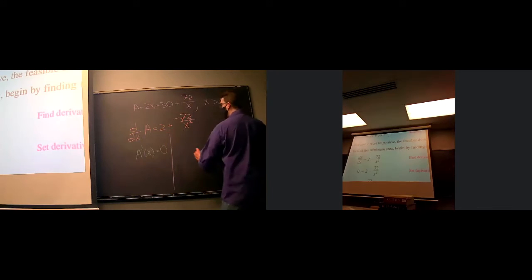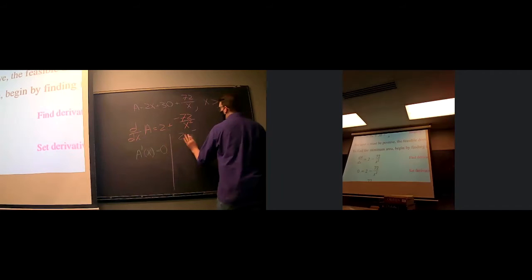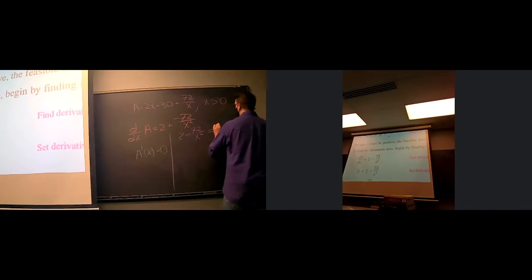So doing that calculation now, we have 2 plus minus 72 over x squared is equal to 0.